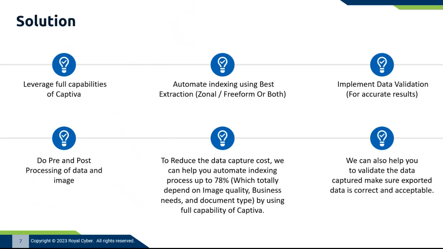Moving towards the next point, automate indexing using the best extraction tool, right? You need to look at the document and identify if you should use zonal or freeform extraction, or both. I'll talk in detail about zonal and freeform extraction later, but for right now I'll just say that when you're looking at the data, you need to know if the data is present at the same spot always, or if it's moving around.